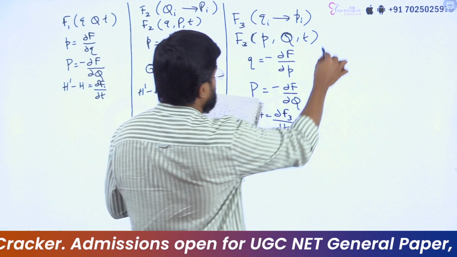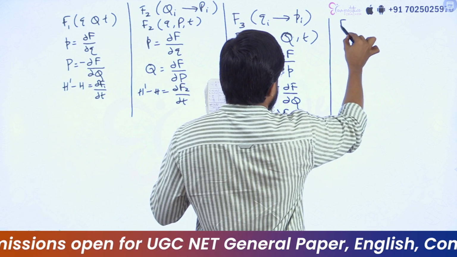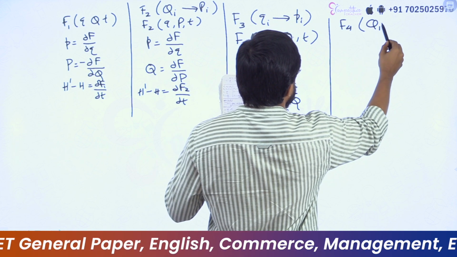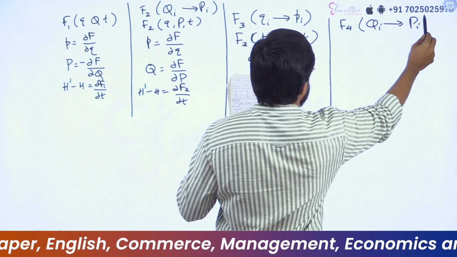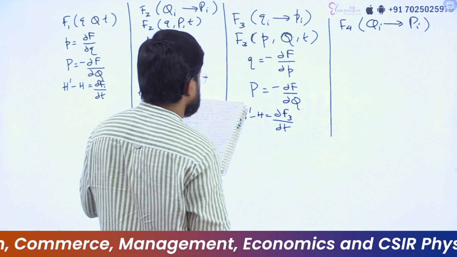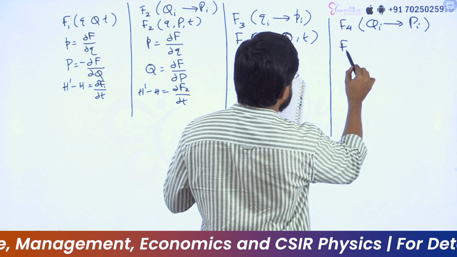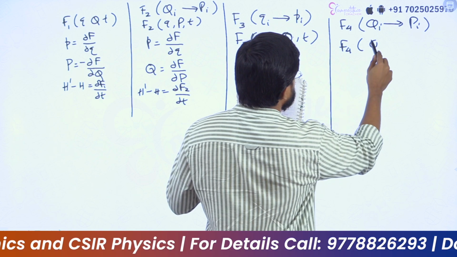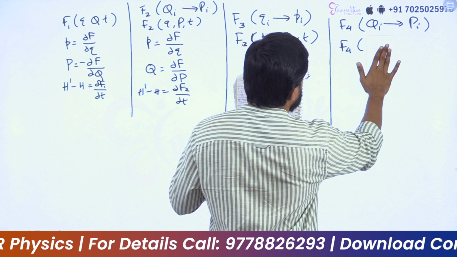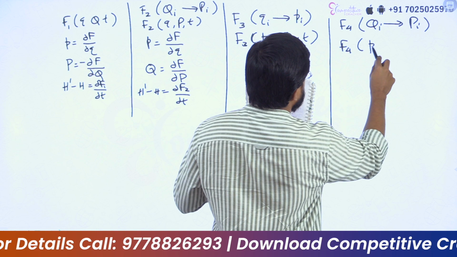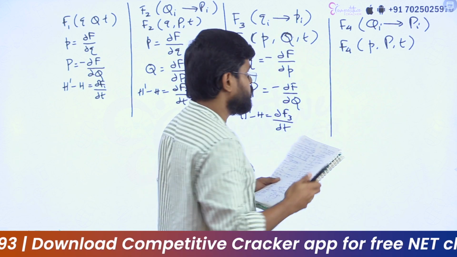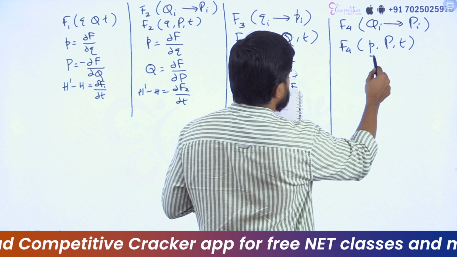And what is F4? F4 becomes capital Q exchanged with capital P. So F4 will be small p, capital P, t. What is present? Small p is present.